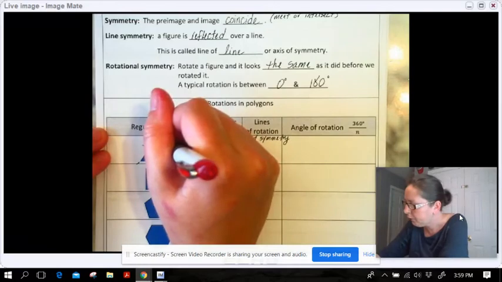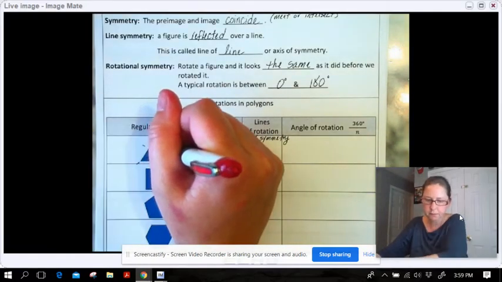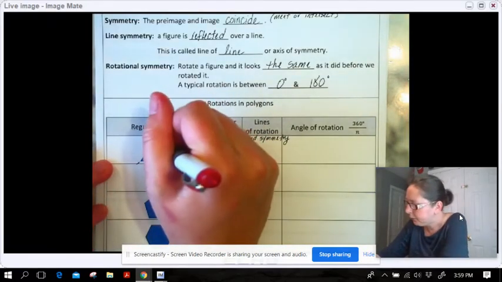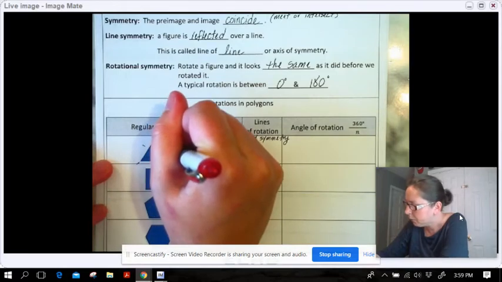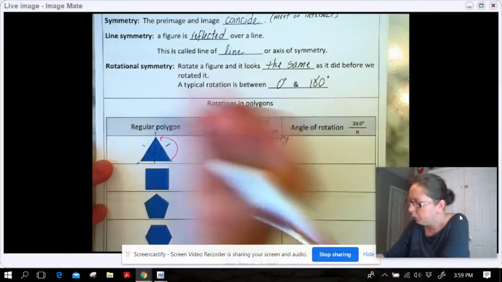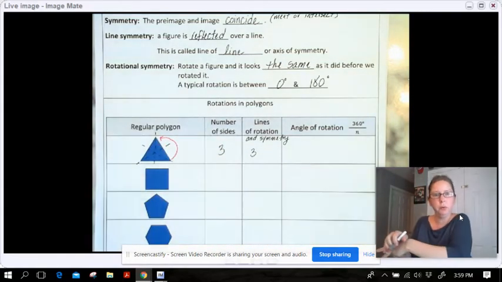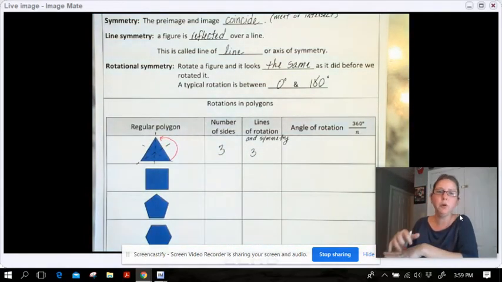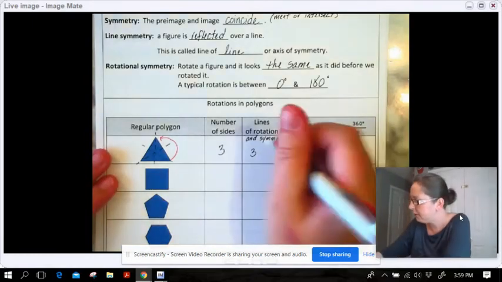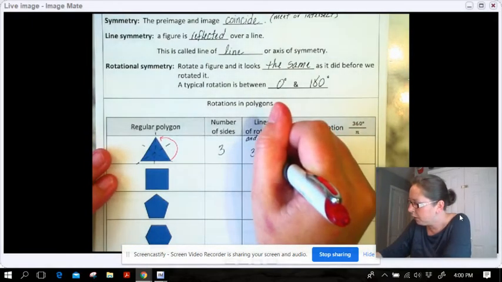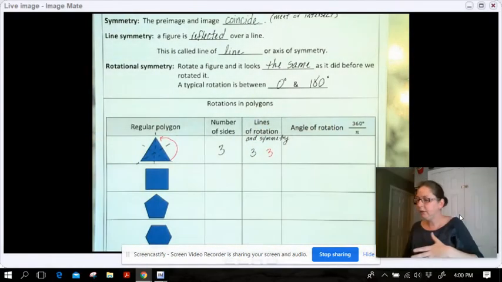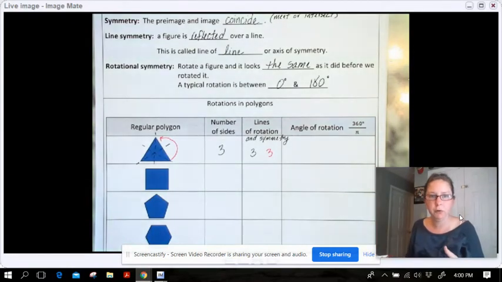Okay, so you could take this figure and rotate this vertex up to that one, and it would look the same. And then you could do that for each of the 3 sides. So there are 3 lines of symmetry and 3 lines of rotation.